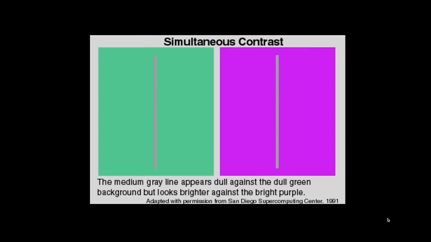They're actually the same color gray. But because the colors around it are different, so we have green and purple, they affect the way those colors look to us. This is true at any level. The color on the outside will always affect the way the color looks.